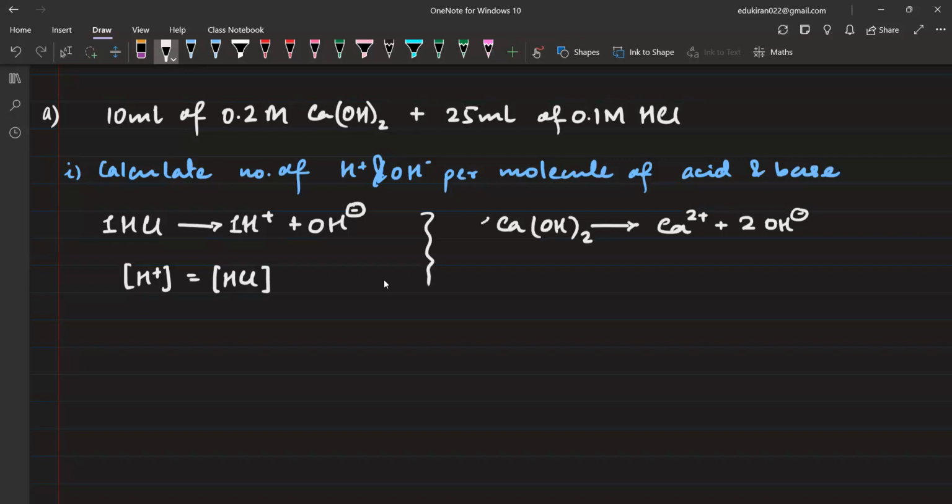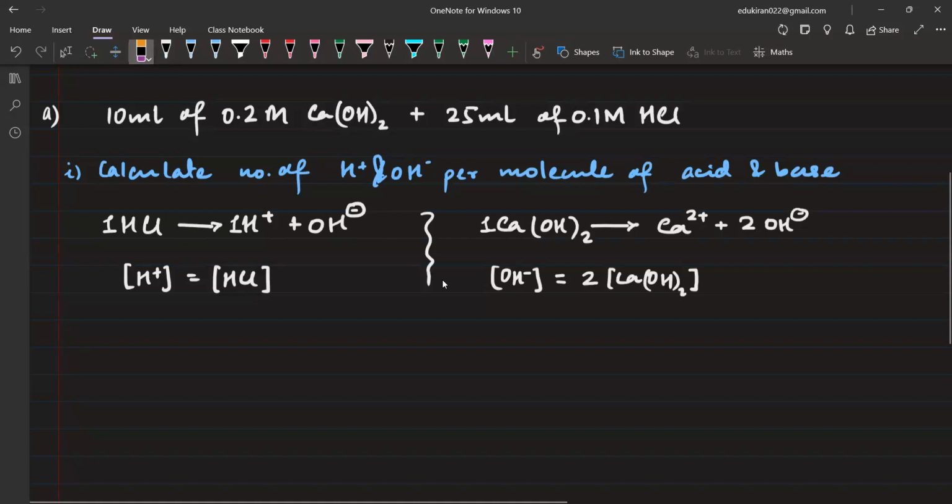That means if I have 1 mole of calcium hydroxide, I will get twice that much OH negative. So the concentration of OH negative will be 2 times the concentration of calcium hydroxide. Got this? Yes or no? Please tell me. Yes, sir.